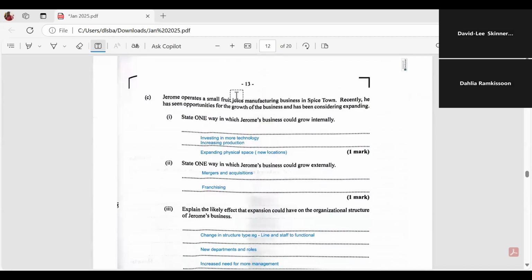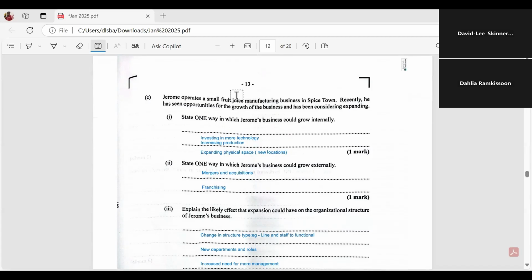Then C, Jerome operates a small fruit juice manufacturing company in Spicetown. Recently, he has seen opportunities for the growth of the business and has been considering expanding. State one way in which Jerome's business could grow internally, so within the company.